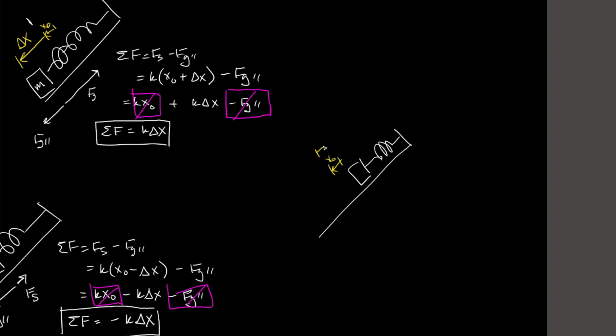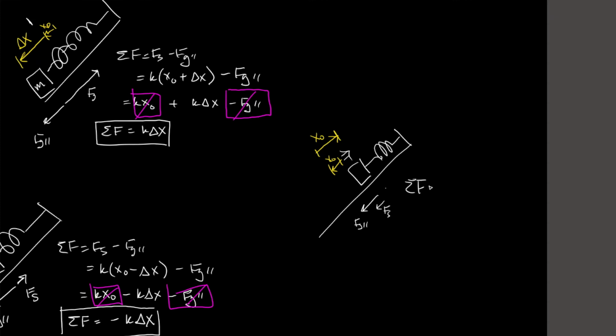Now, our delta x has brought it all the way up here, past the initial spring's position, and now the spring is being compressed. So now we have Fg, that's still constant. Now the spring is actually compressed some amount, so we have a spring force pushing it down.